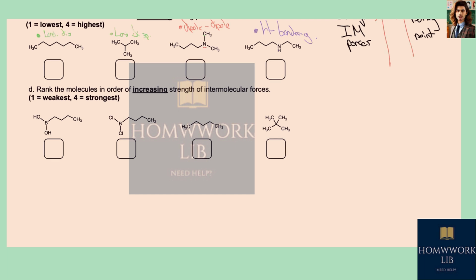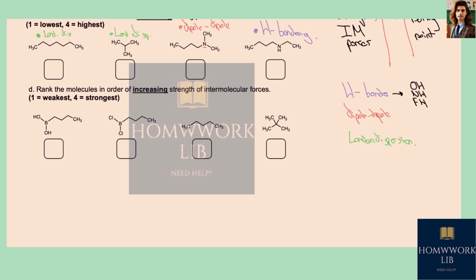Recall that the strength of intermolecular forces is going to be as follows. The strongest one is going to be hydrogen bonds. Next up, we're going to have dipole-dipole interactions. And at the very bottom, we're going to have London dispersion forces. So an easy way to identify the presence of each of these types of interactions: for hydrogen bonding, we're going to require the presence of an OH group, NH group, or FH group.